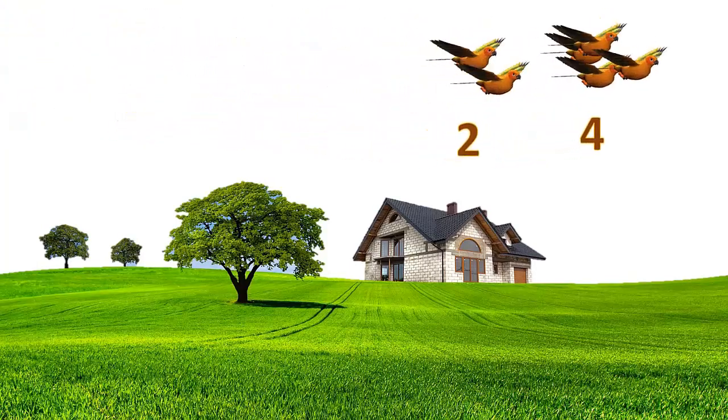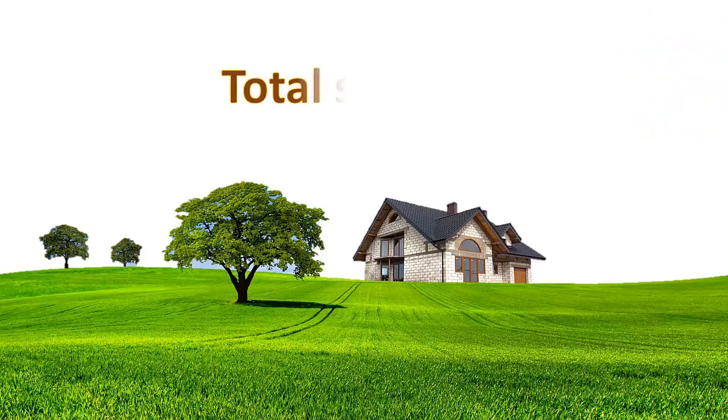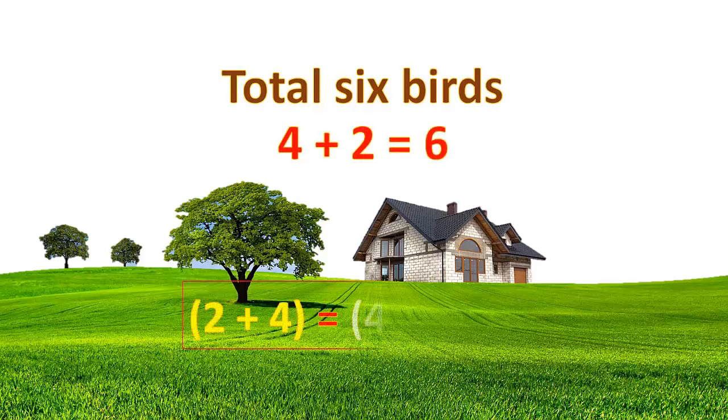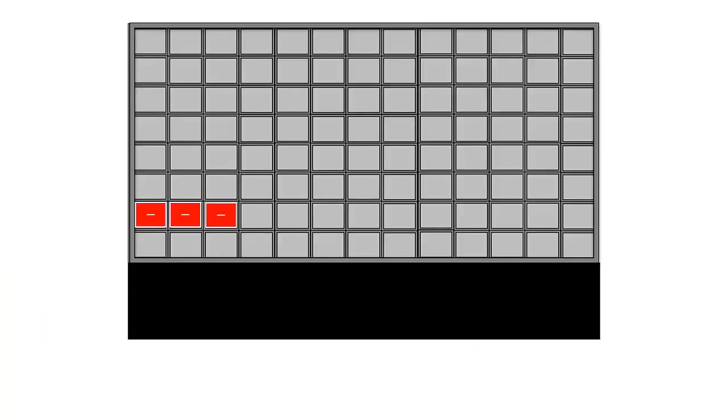So after some time, 4 plus 2, these 6 birds flying together. So it states that 2 plus 4 is equal to 4 plus 2, which is equal to 6. Thus we conclude a plus b is equal to b plus a. Addition of numbers is commutative.